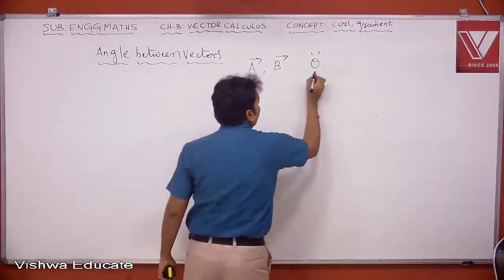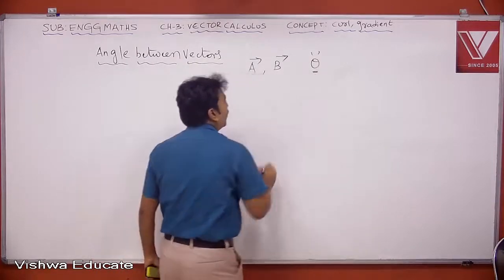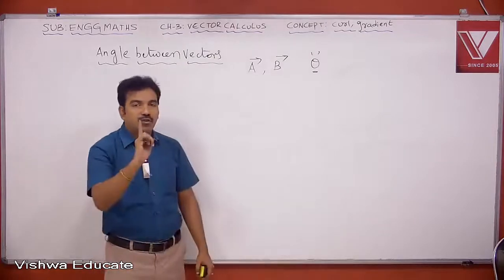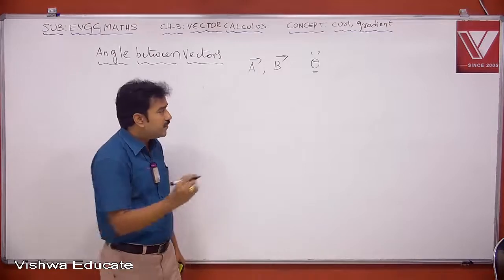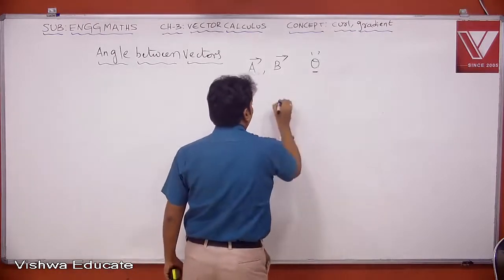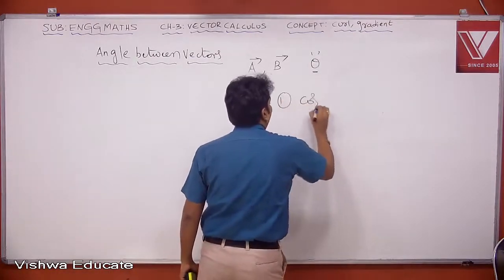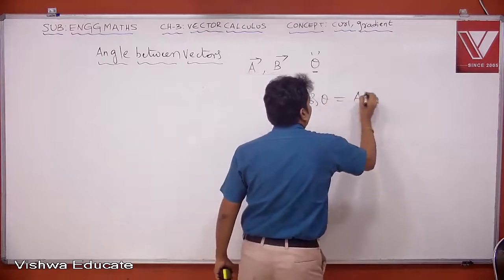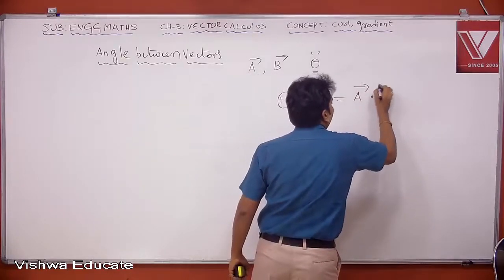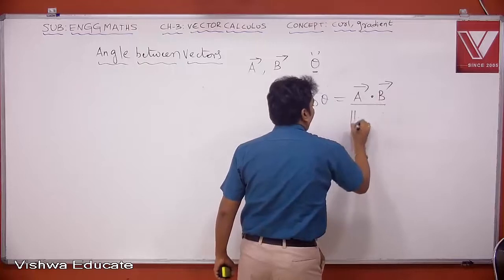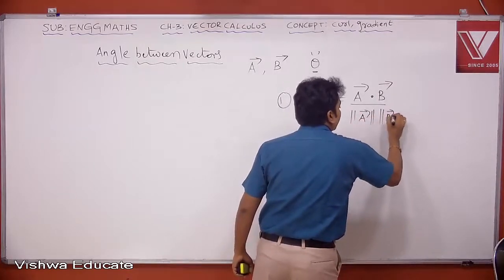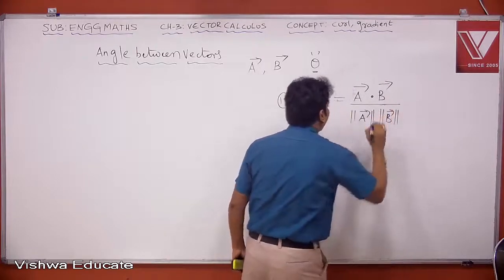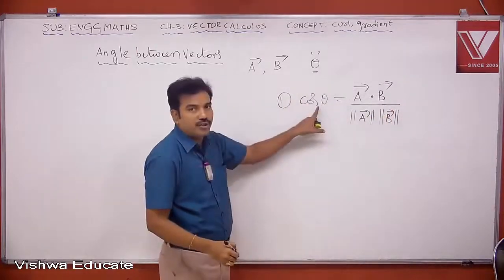Then this theta can be measured in two different ways. One is by using the trigonometric cosine function, another is by using the sine function. Let us see how to get this using the cosine function. Cos theta equal to a bar dot b bar divided by norm a bar times norm b bar. This is the way we measure the angle between two vectors using the cosine function.